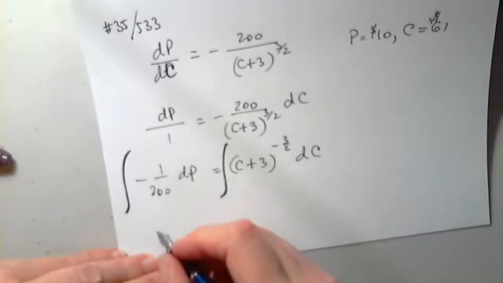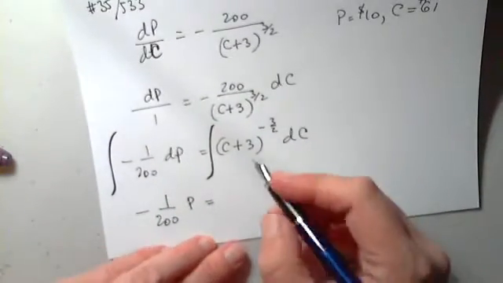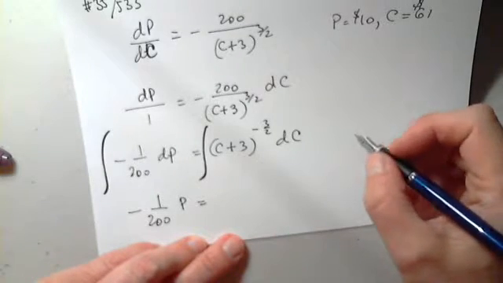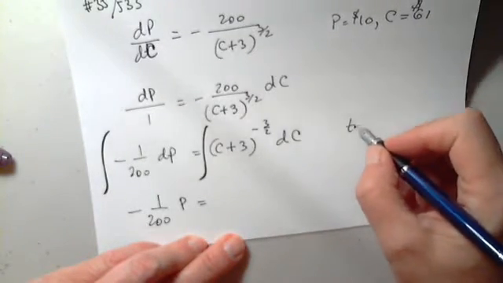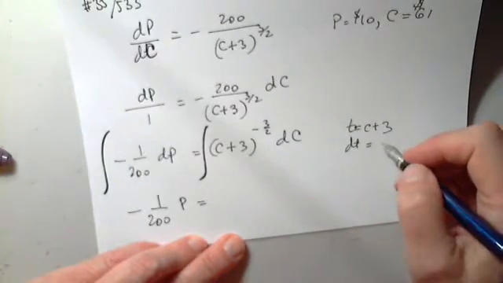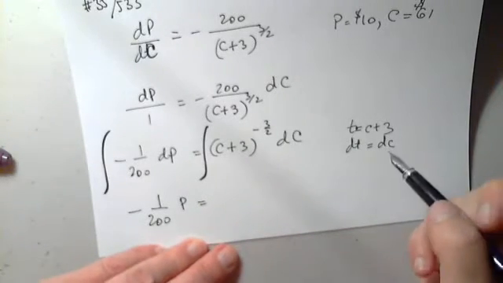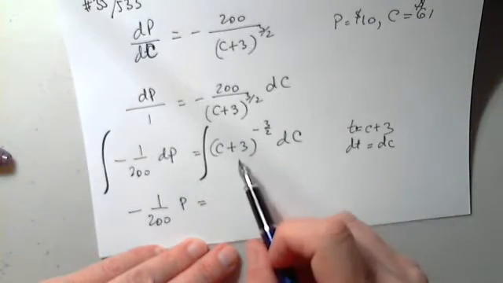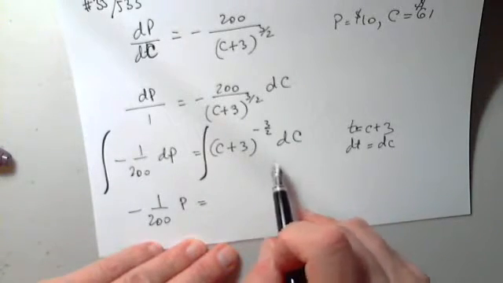Variables are separated. We are ready to integrate. The left-hand side, negative 1 over 200 P. The right-hand side, if you remember, we let t be C plus 3, dt equals dC. So using a change of variable, this will be t raised to negative 3 halves dt.